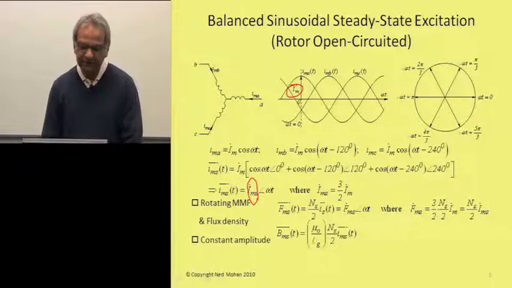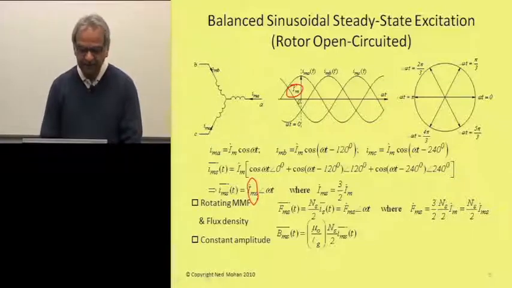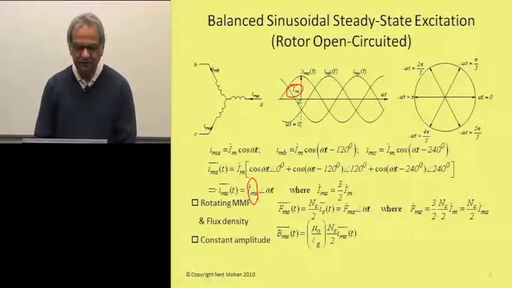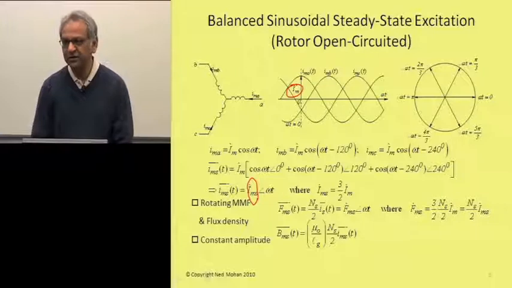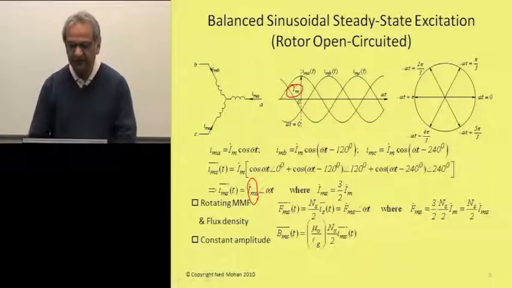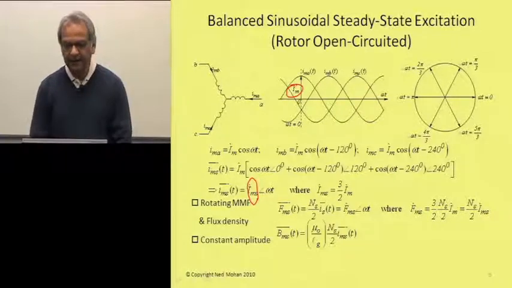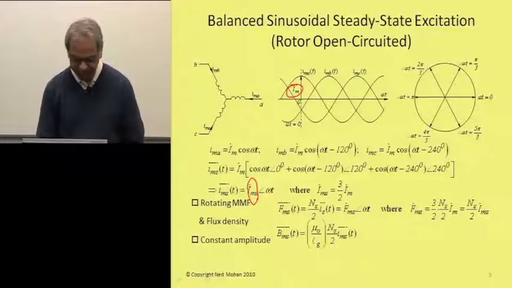We can see that mathematically over here, and the bottom line is that we have a rotating MMF distribution in the air gap, and this flux density distribution is also rotating, and the amplitude of this distribution is constant under sinusoidal steady state, balanced conditions, and it is rotating at a synchronous speed omega.